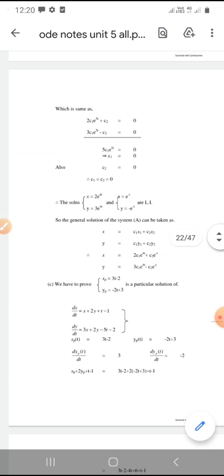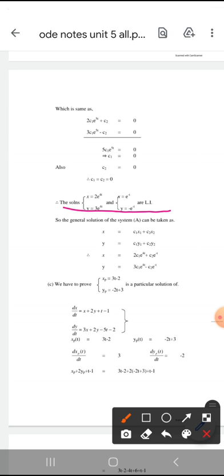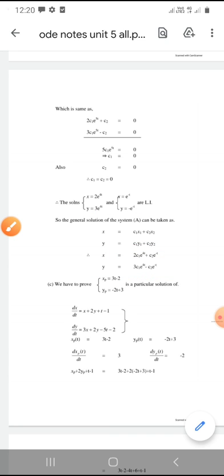So the general solution of system A can be taken as x = C1 x1 + C2 x2, y = C1 y1 + C2 y2. We take these two equations as the general solution of system A. The B part is also over.